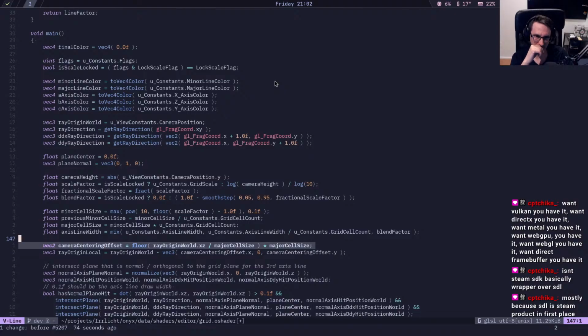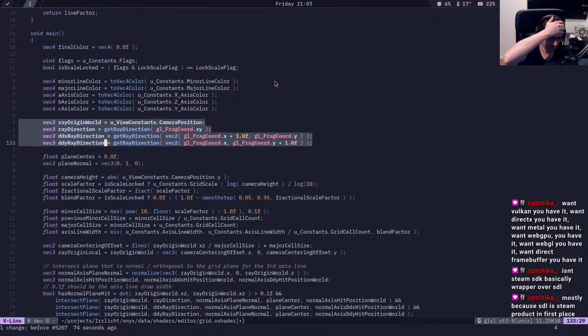Something along those lines. We probably invert like those 4 into a local space. And that would rotate it. Probably.